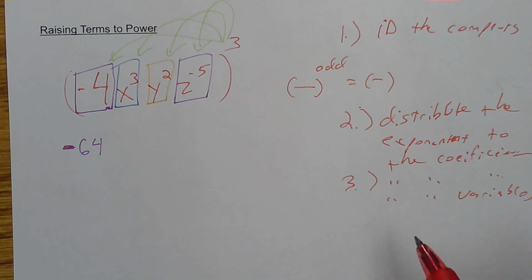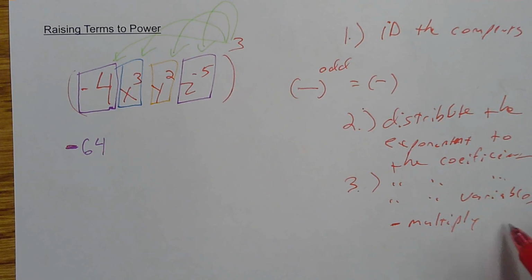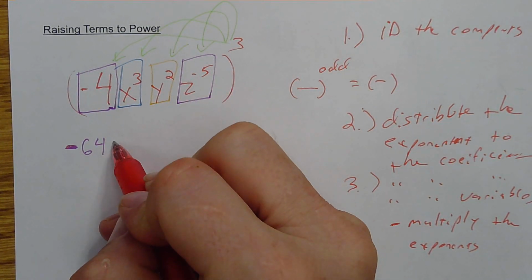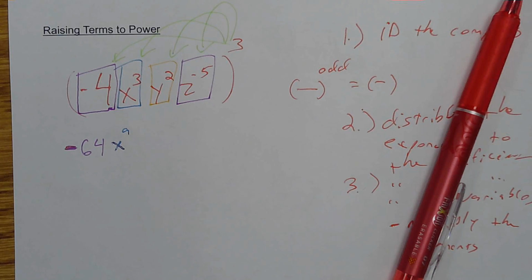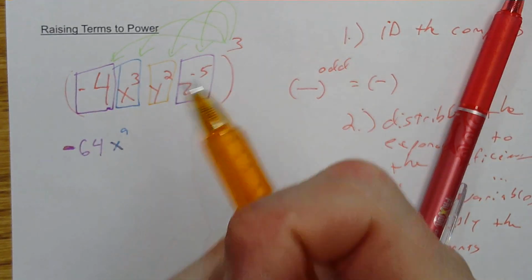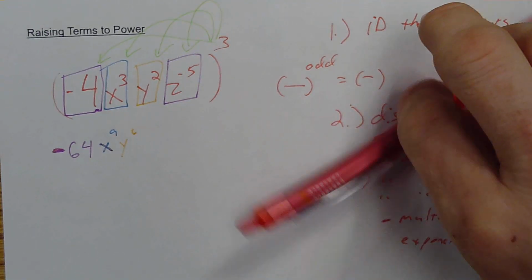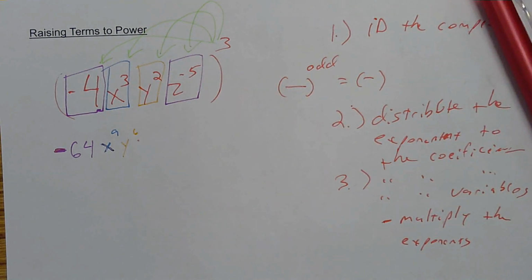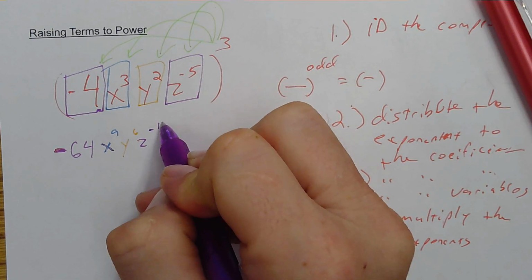When we do that, we have to multiply the exponents. 3 times 3 is 9, so x to the 9th. y: 2 times 3 is y to the 6th. z: negative 5 times 3 is z to the negative 15th.